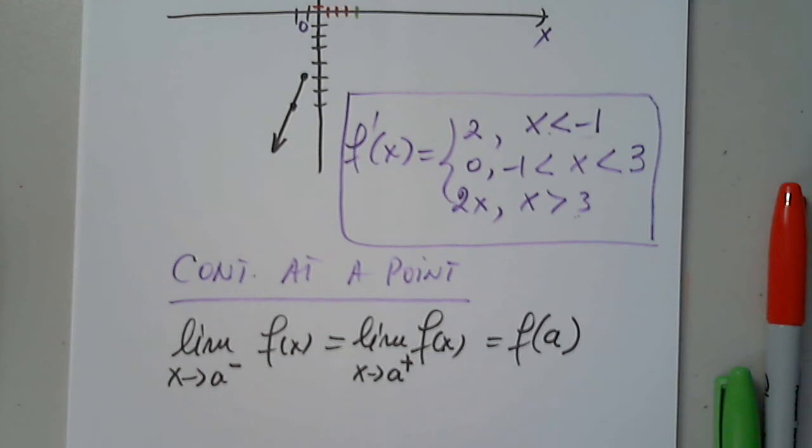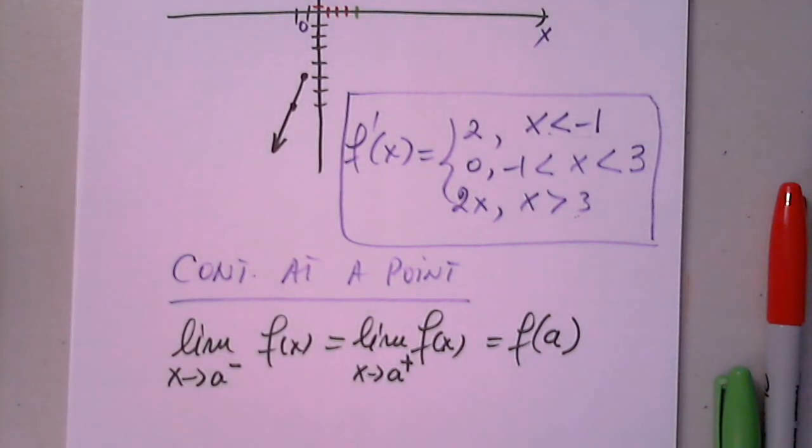What about at this point? Is the function differentiable at this point? Yes. I'm showing a vertical tangent. So you remember a vertical tangent, what does it mean? It's not differentiable when it has a vertical tangent.